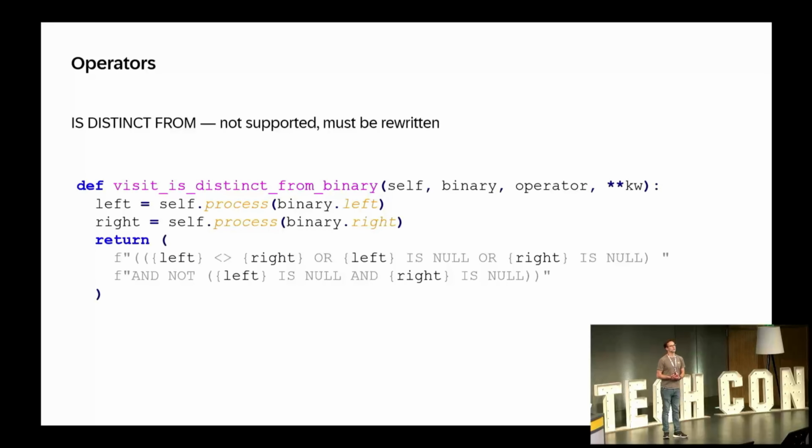Also in the operators, there are differences. Unfortunately, IS DISTINCT FROM is not supported by HANA, meaning we need to build this very interesting statement. Took some time to figure out how to write it completely, but just to show you, hey, there is stuff which is not supported, but with dialects in SQLAlchemy, you can find ways to work around that.